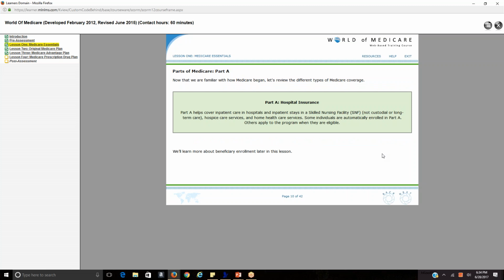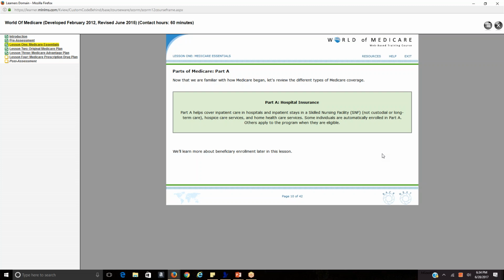So now that we have an idea of the timeline for Medicare, let's talk about the different parts of Medicare. Medicare Part A is also known as hospital insurance, and this will help cover inpatient care in hospitals, inpatient stays in a skilled nursing facility, also known as a SNF.